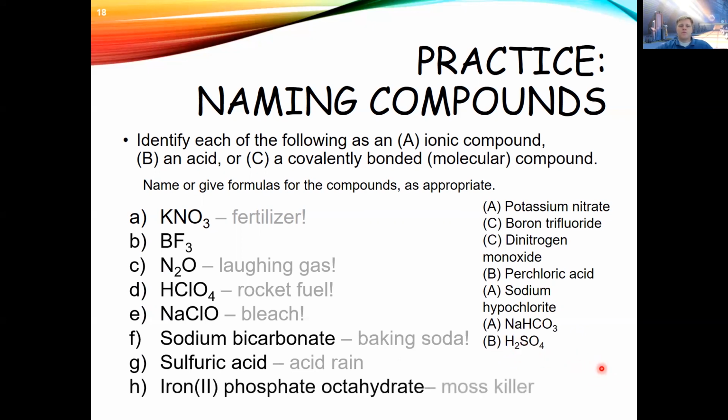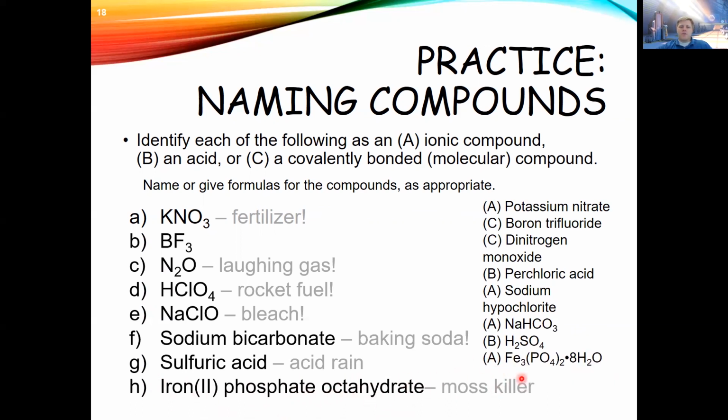The last one we'll finish up with here is a type of moss killer, iron 3 phosphate octahydrate. Okay, now here you'll notice we're including the hydrates. You should be able to get everything here except for maybe the phosphate. But go ahead and pause this and try and figure this out. All right, this is going to have iron, so it's going to be an ionic compound.